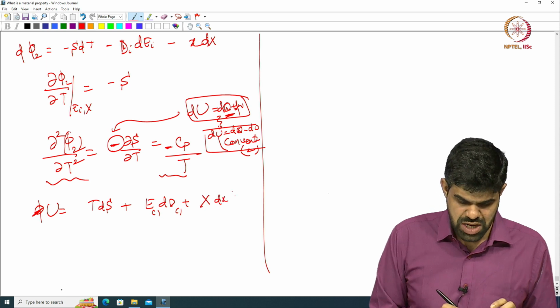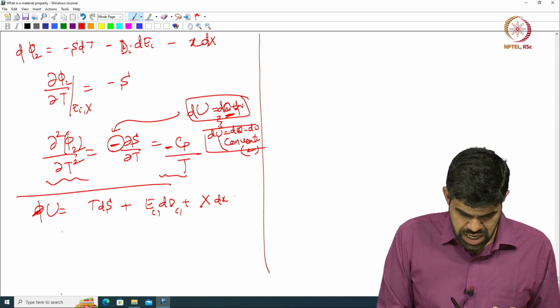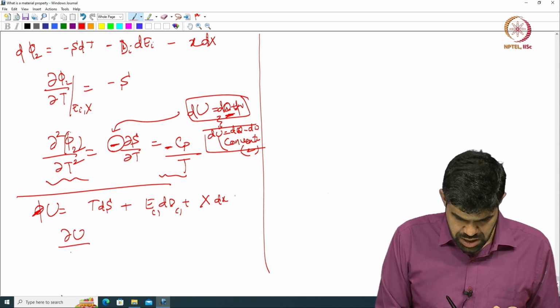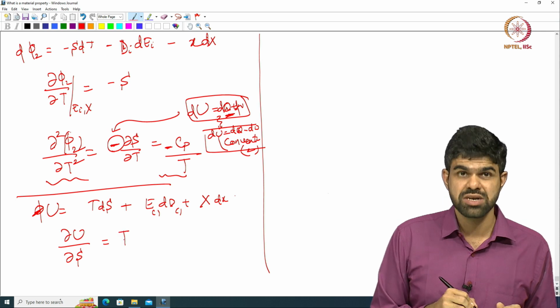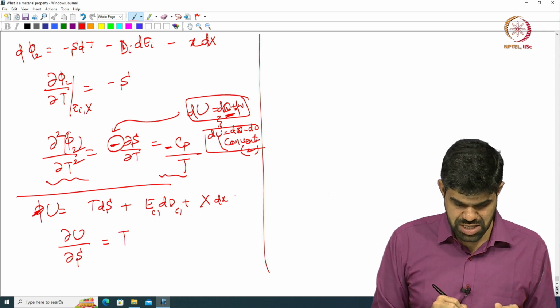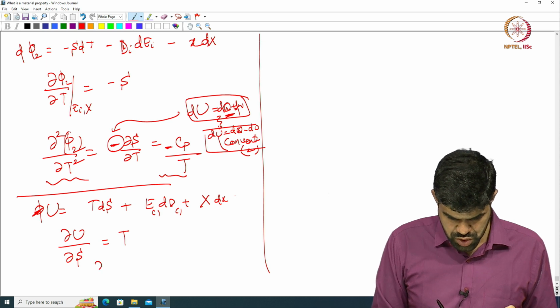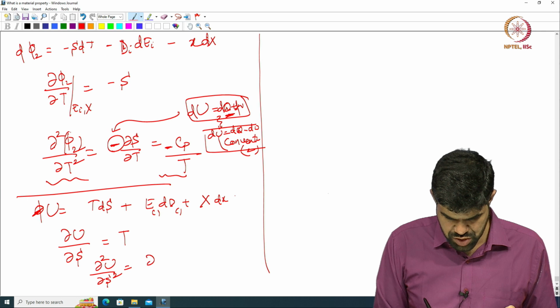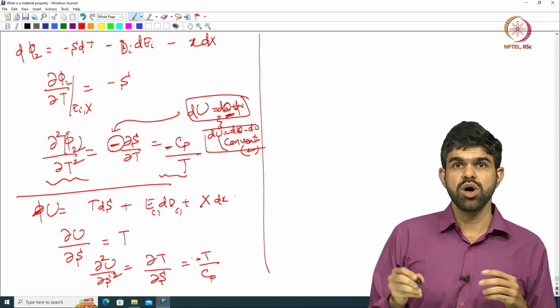So this is u. I come back to my first thermodynamic potential which is u, I do dou u by dou s, right. That is nothing but temperature, right. And dou 2 u by dou s square will be dou T by dou s, and dou T by dou s is again T by Cp, right. So this is my converse property.